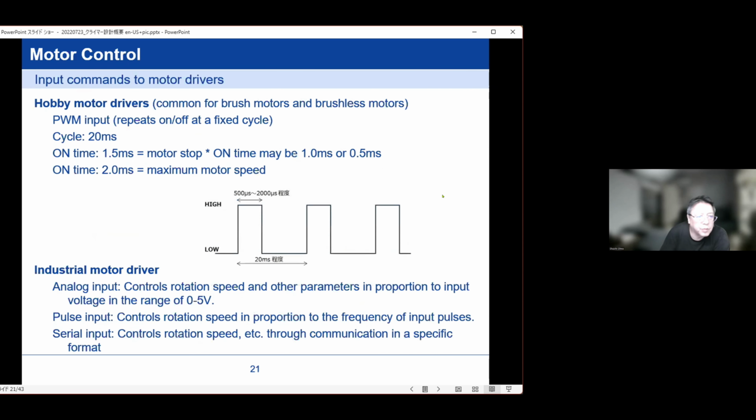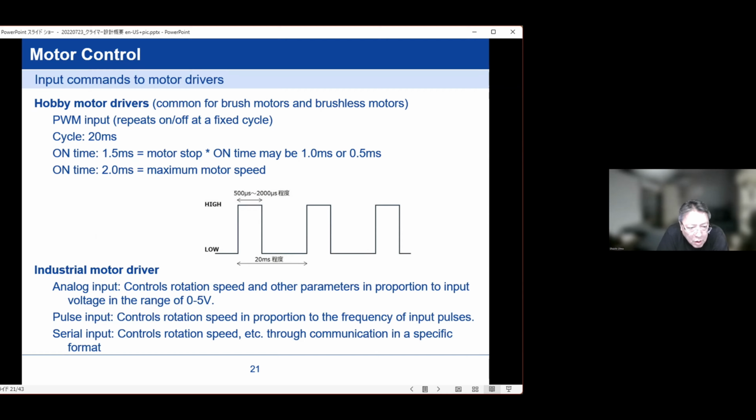And the motor control. Now let's talk about motor control. It is an input command to the motor driver, and it's a motor driver for hobbyists. This is common to both brushed motors and brushless motors, but basically they have a signal called PWM, pulse width modulation input.